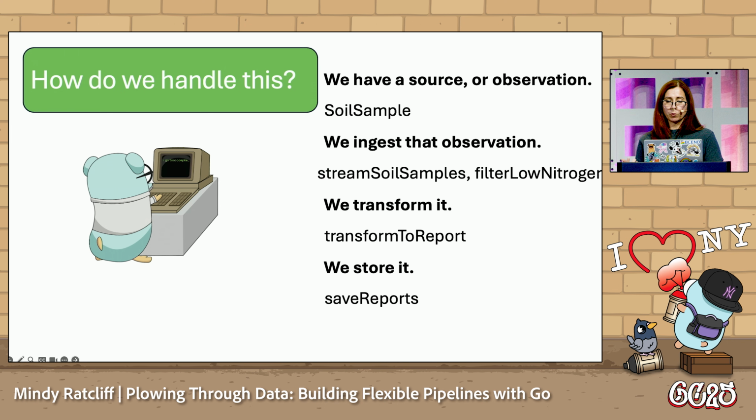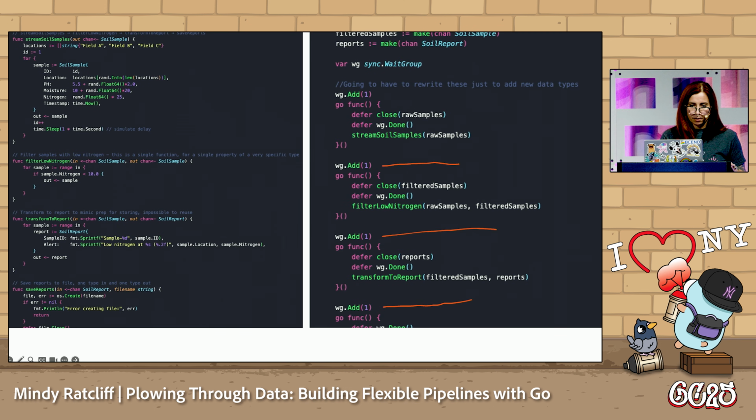We're going to transform it to a report, and then we're going to save it. Again, this is a simplistic representation. In the next slide, we're going to take a look at how these functions might look. Okay, hopefully that is clear for everybody.